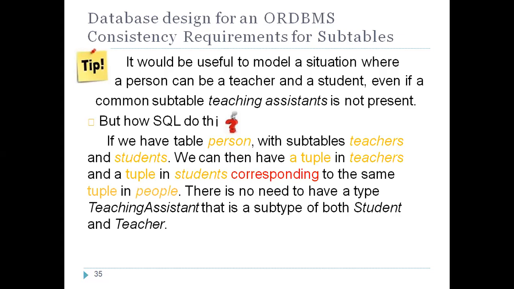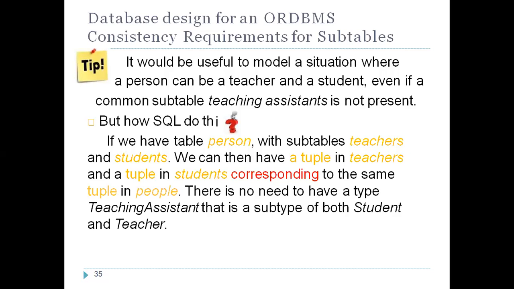Suppose you have a table person with subtables teachers and students. So the parent table is named person, and there are two subtables, that is the teacher and the student. So we can have a tuple in teachers and a tuple in students corresponding to the same tuple in people.